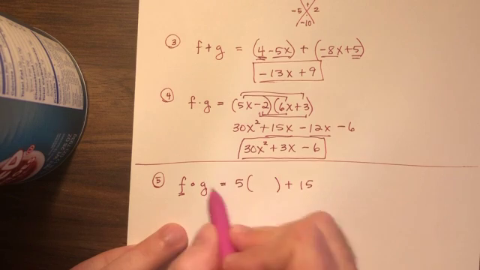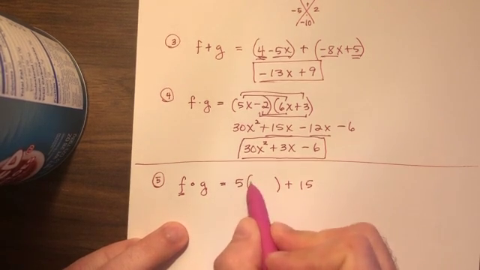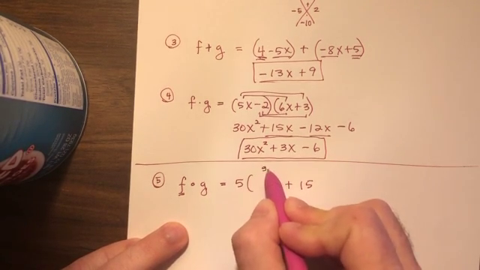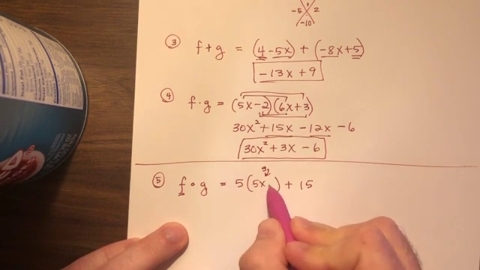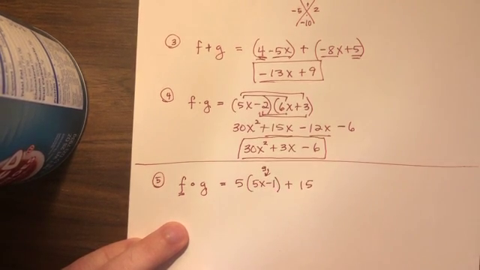So now what you're going to replace this x with is whatever g is. So g is going to go here, and g in this case is 5x minus 1, right? So you put an open parentheses for x in f, and then you put whatever g is inside the open parentheses. That's what the f of g is all about.